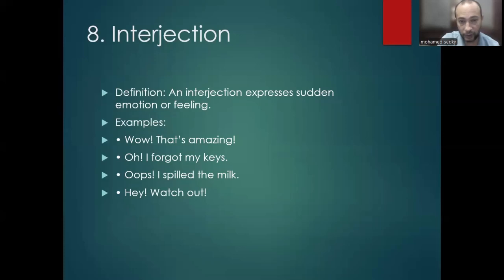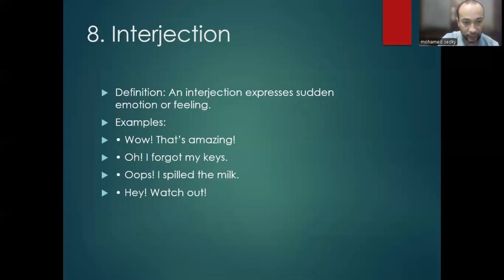We don't use the interjection to refer to a singular subject or even a singular verb. So it doesn't have to agree with the verb or with a pronoun. It's used on its own to express an emotion or feeling.